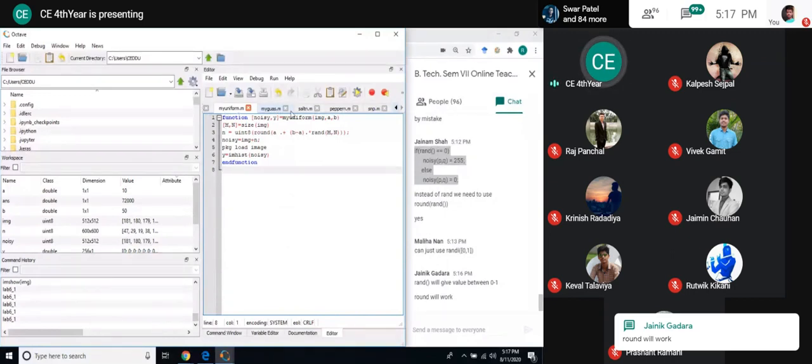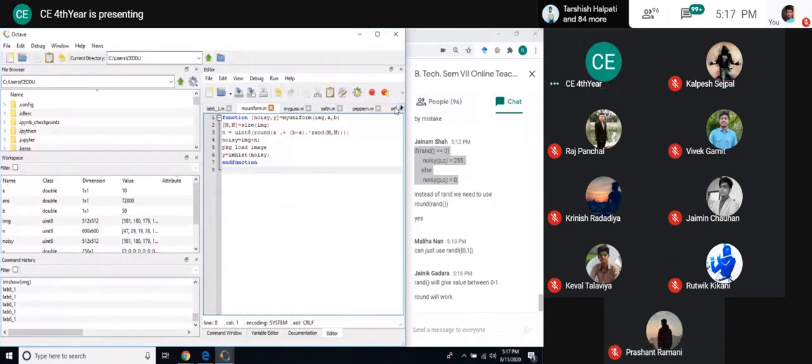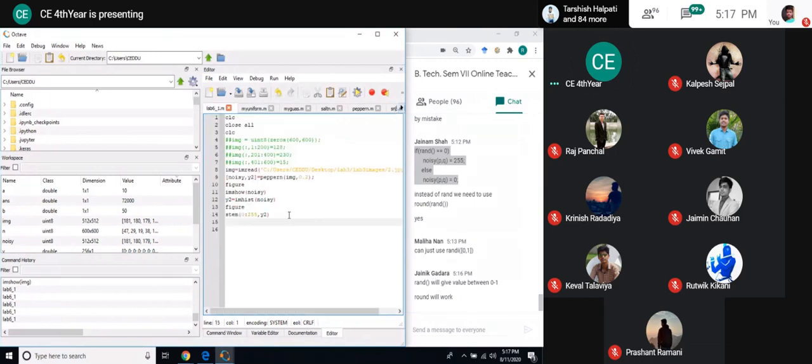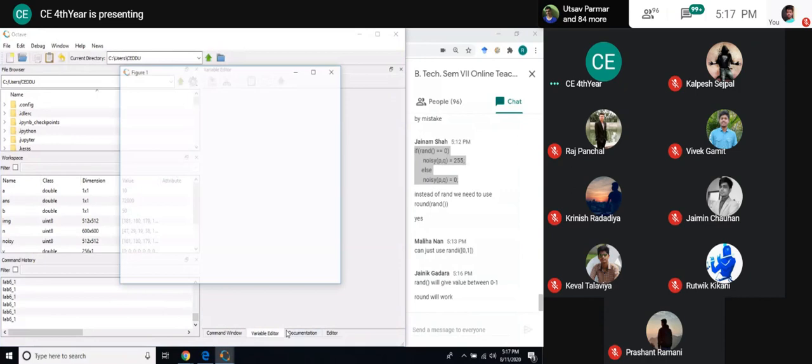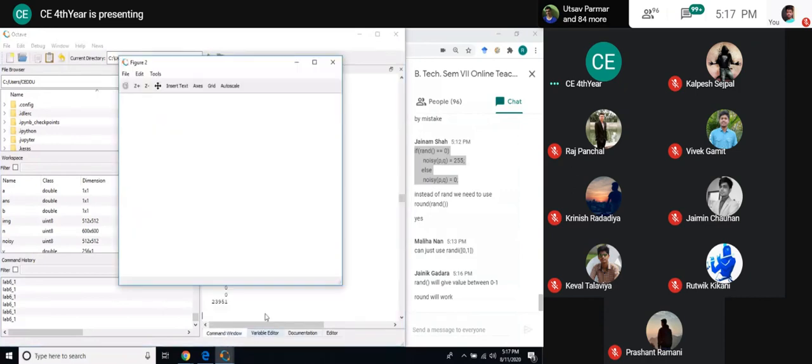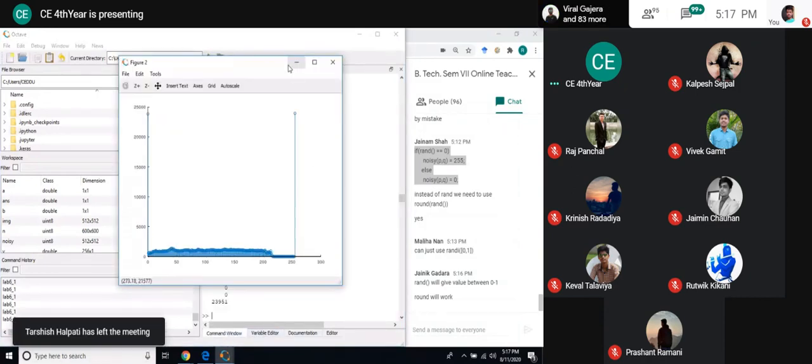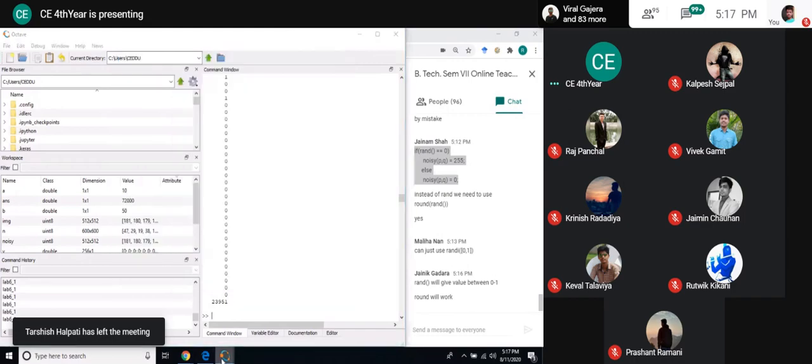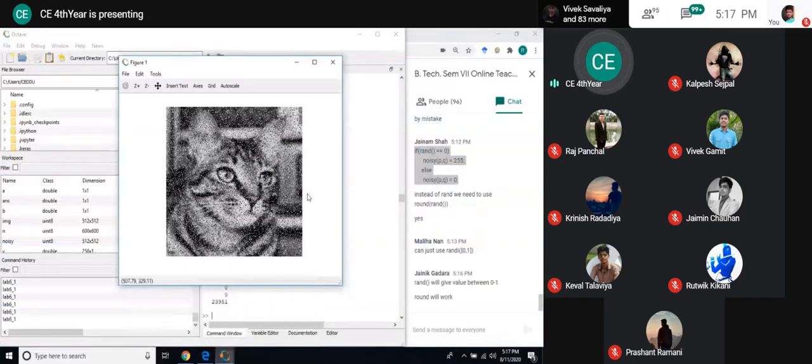Let us complete it. What is the SNP noise? As expected, salt and pepper noise with equal probability, it seems it is equal, right?